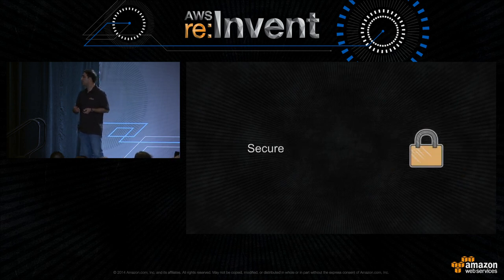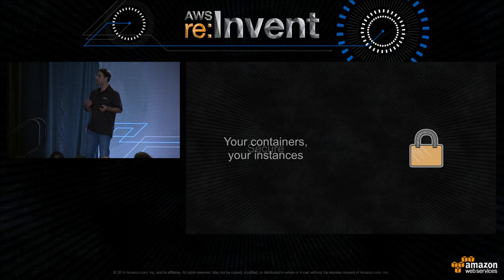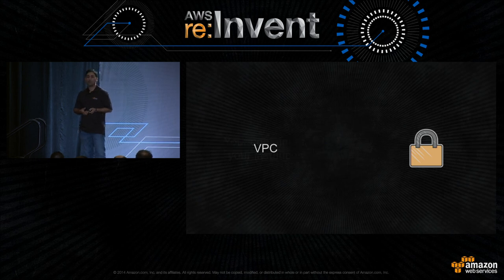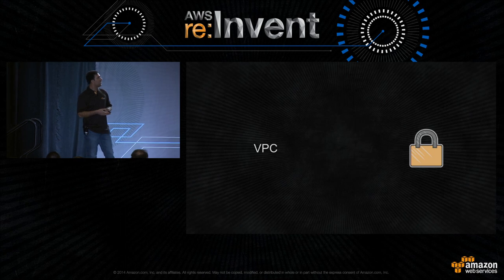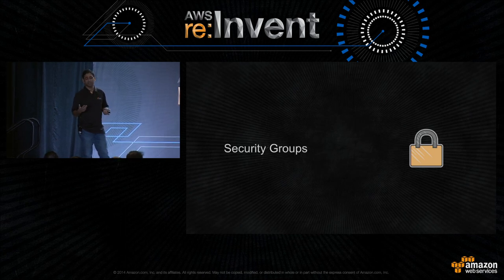And we wanted to be secure. And the way we do this is, these are your containers and your instances. You launch the instances running under your account. These are containers running under your account. You get all the benefits that you get along with that. And they run inside VPC. So your clusters always run inside a VPC, so you can take advantage of the features that VPC has.